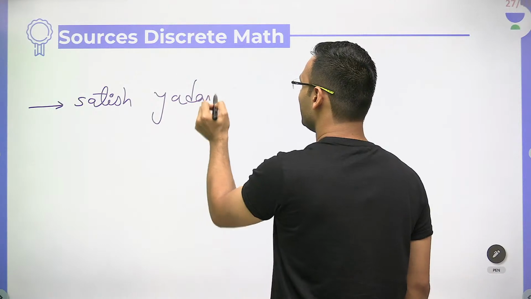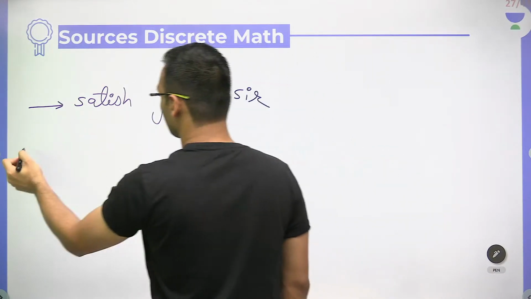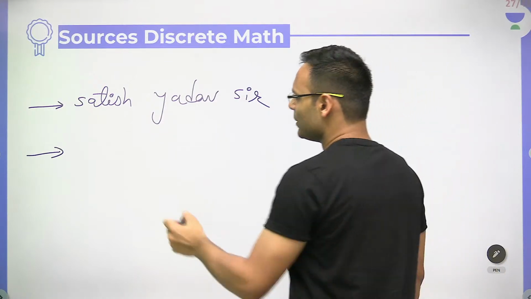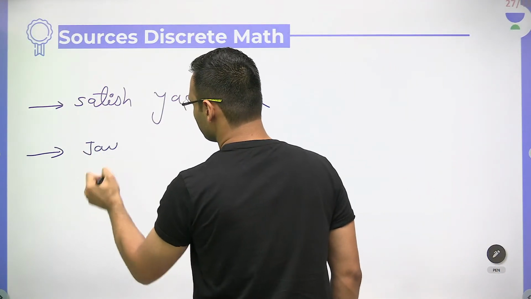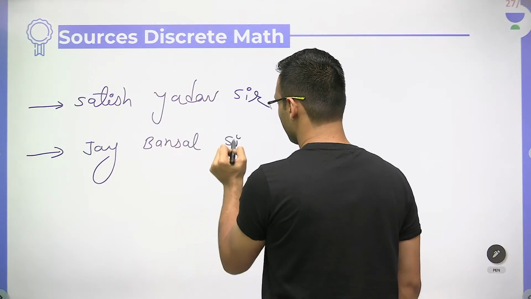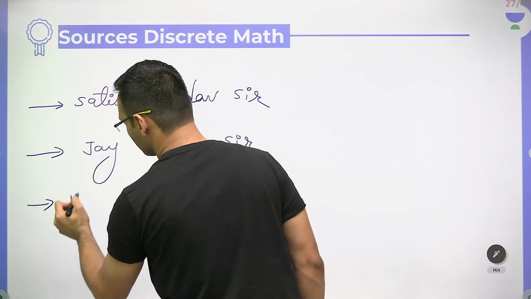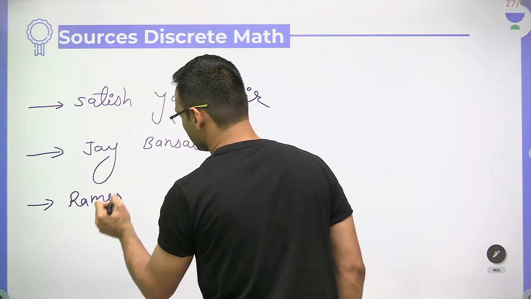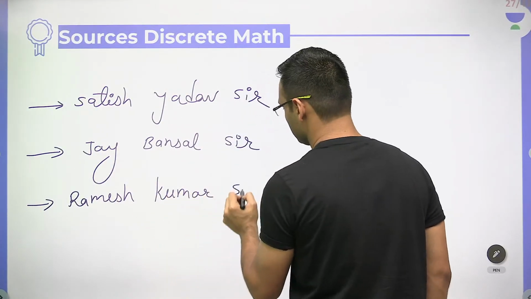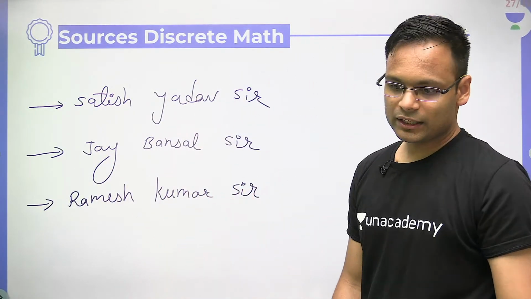Apart from that, what we have provided, I guess Jay Bansal sir also have taken a bit of this. And Ramesh sir also have taken, Ramesh Kumar sir, this. So 3 playlists you will be getting for discrete mathematics.